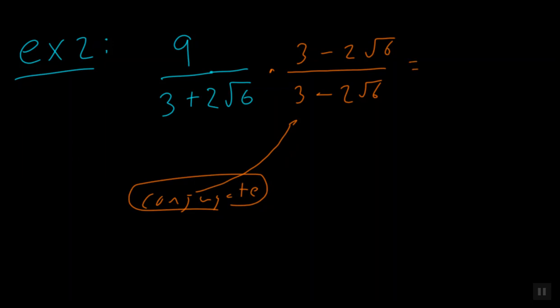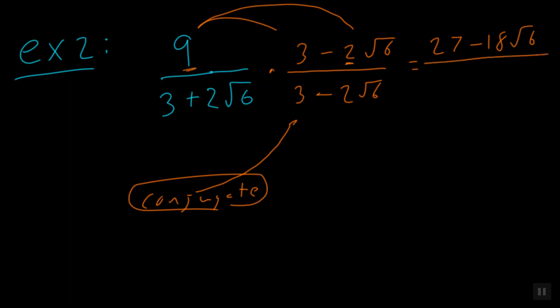Now what happens when we do this? Well, 9 times 3 is 27, and 9 times negative 2 is negative 18 square roots of 6. So here we only multiply by the coefficients. Now on the bottom we have 3 times 3, which we know is 9, and we have 3 times negative 2 square roots of 6. Well, what's 3 times negative 2?